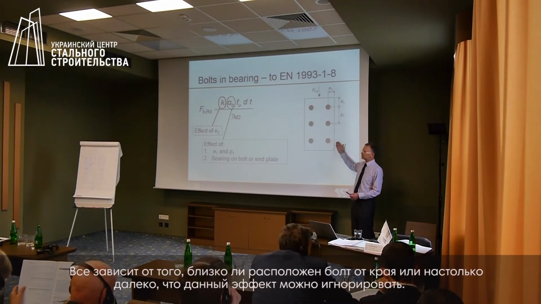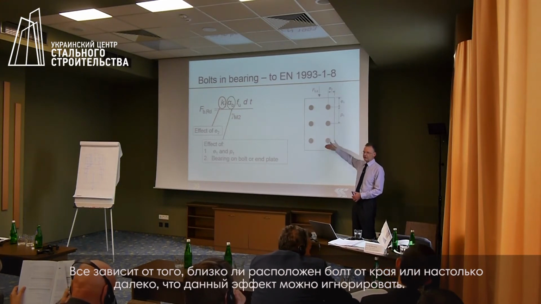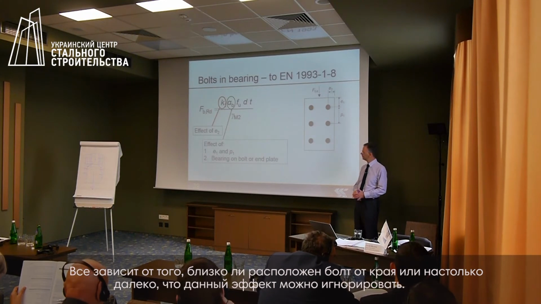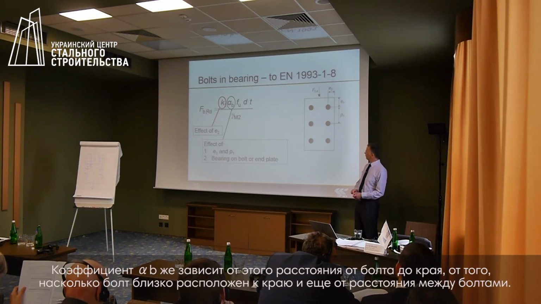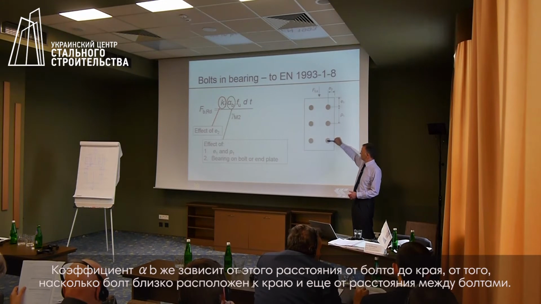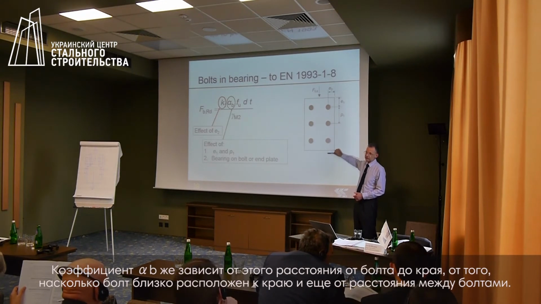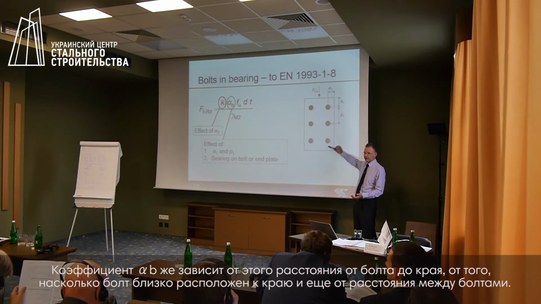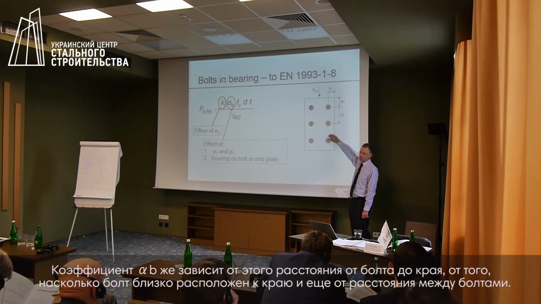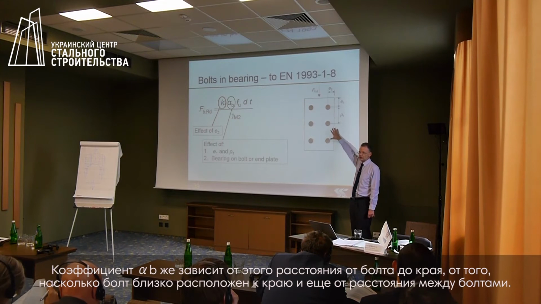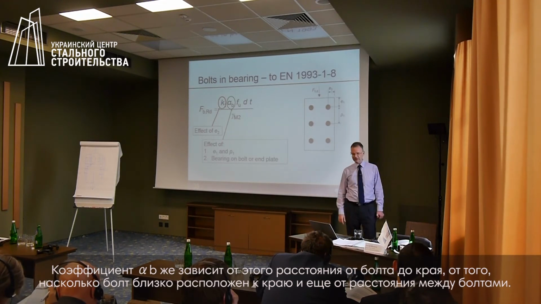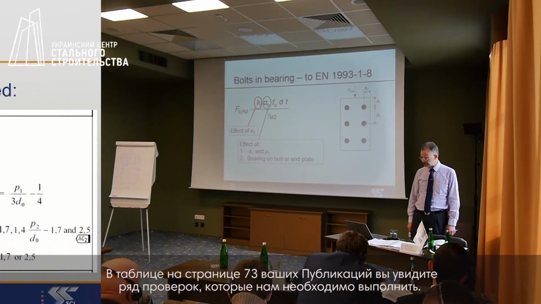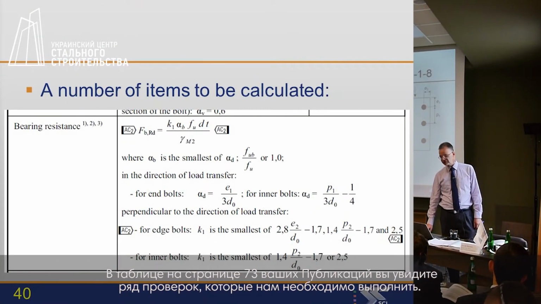So is the bolt close to the edge, or is it far enough away from the edge so that the effect of the edge can be ignored? And then alpha B concerns itself with the end distance. So are we close to the end, or are we far away from the end? Are we close to another bolt, or are they sufficiently far away that they do not affect each other? So within the table on page 73, you'll see there are a number of things that we should check.